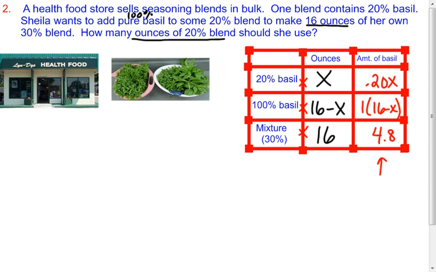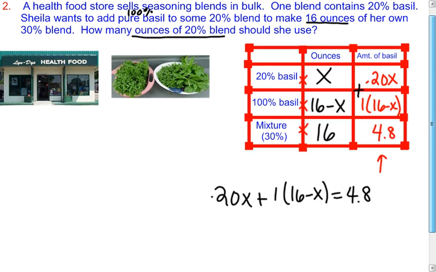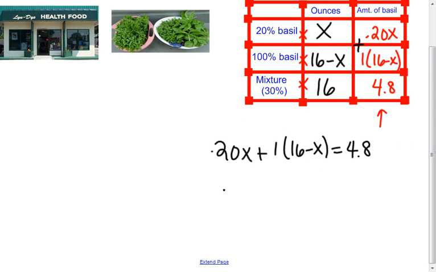Again, to get this column, you add those top two. So 0.2x plus 1 times 16 minus x has to equal 4.8. So I have 0.2x plus 16 minus x equals 4.8.